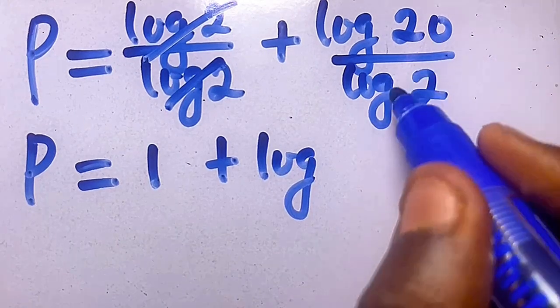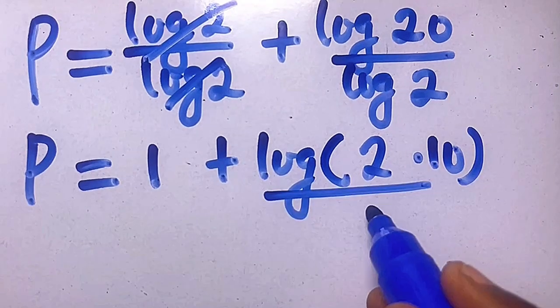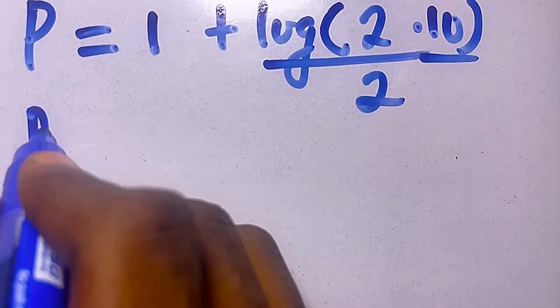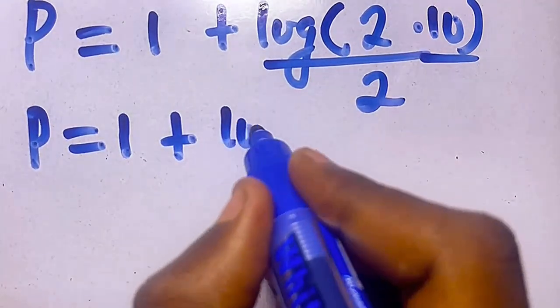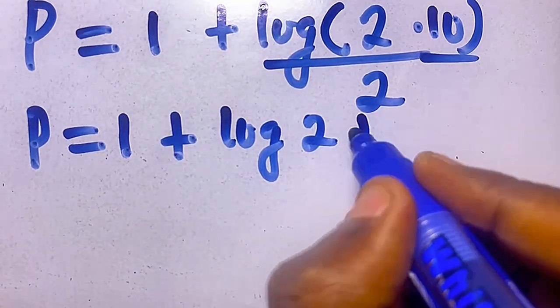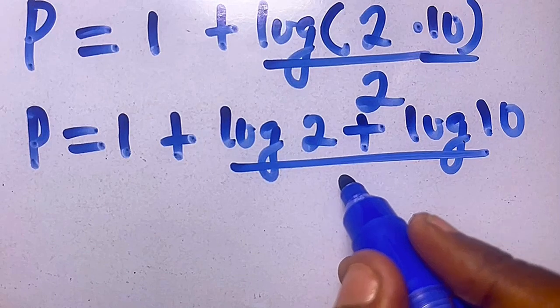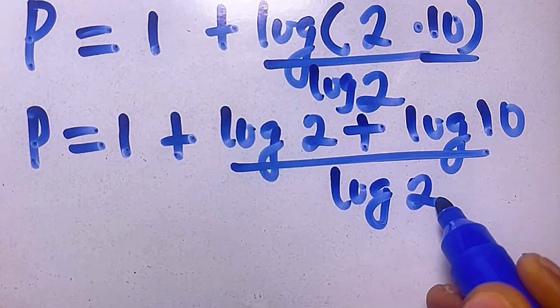This 20 again could be expressed as 2 times 10, right? So therefore we will have p equals 1 plus log 2 plus log 10, divided by log 2.